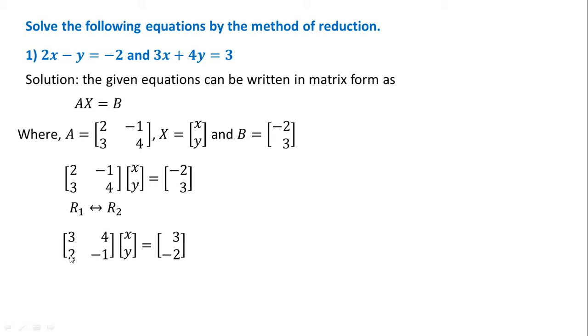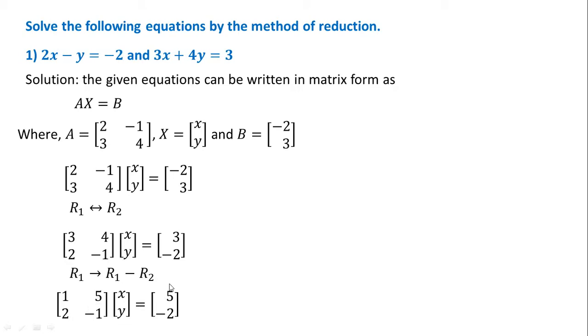So before converting to 0 here, always remember to convert this element into 1. How will you convert that? If you use the transformation R1 changes to R1 minus R2, then R1 minus R2 gives 3 minus 2, that is 1, then 4 minus minus 1, that is 4 plus 1, which is 5. The second row remains as it is.